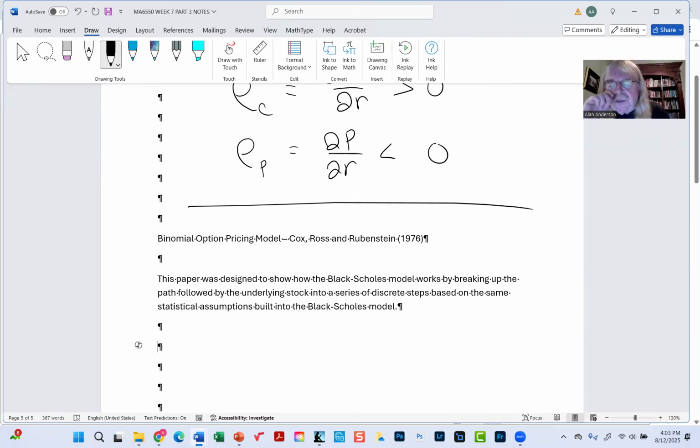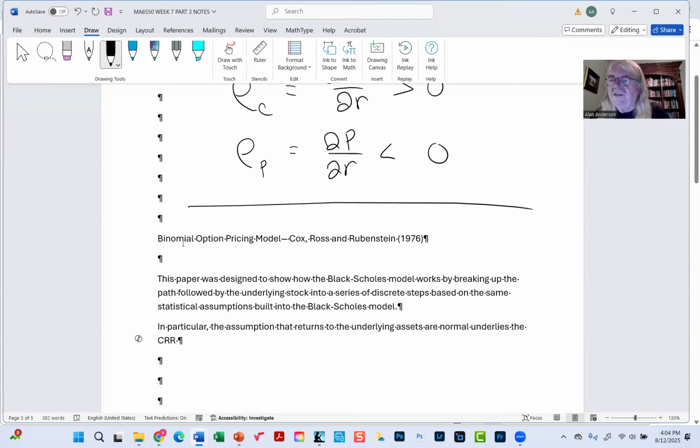So remember, at some point we discussed all the assumptions that Black-Scholes was based on. In particular, the assumption that returns to the underlying asset or stock are normal underlies the CRR.